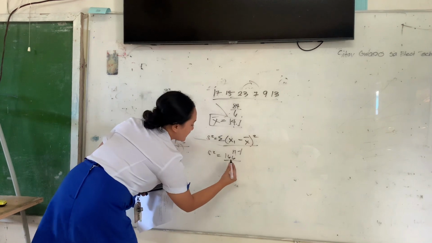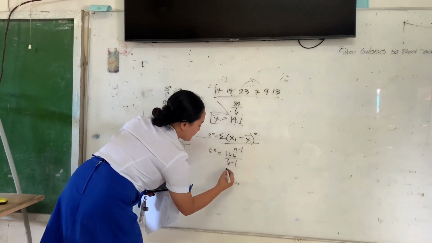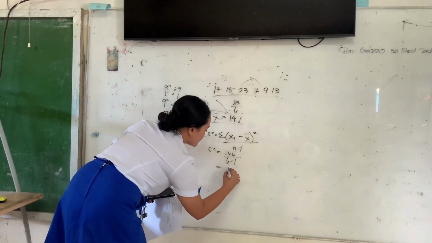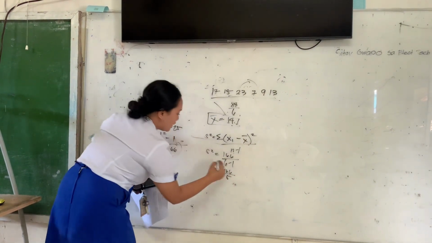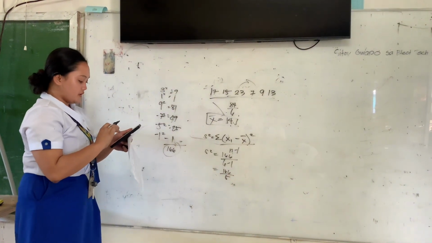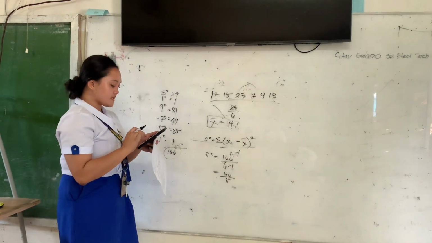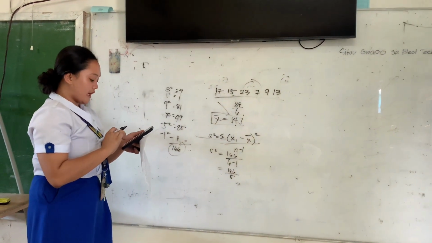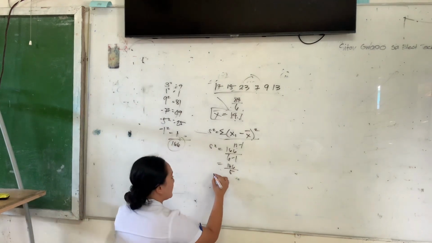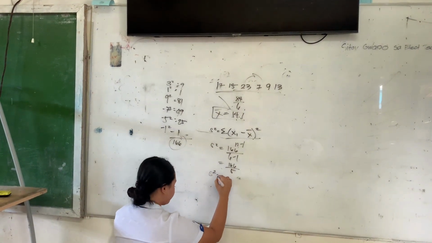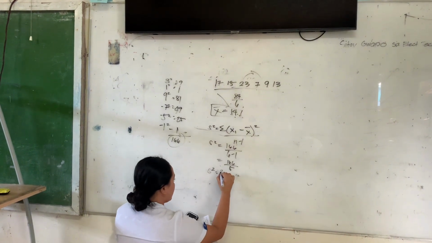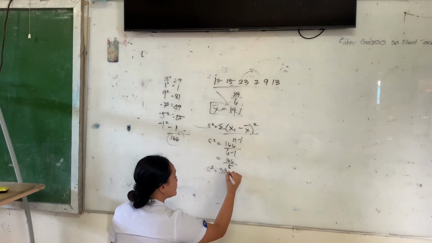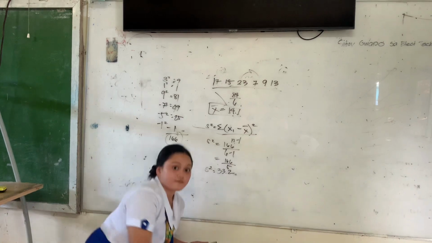So 6 minus 1 equals 5. So 166 divided by 5 equals our variance, which is 33.2.